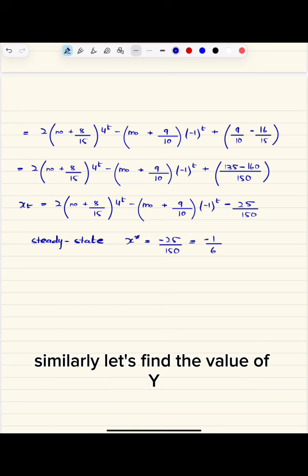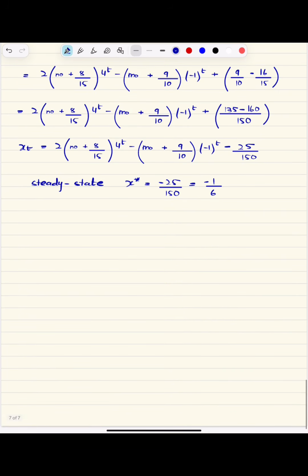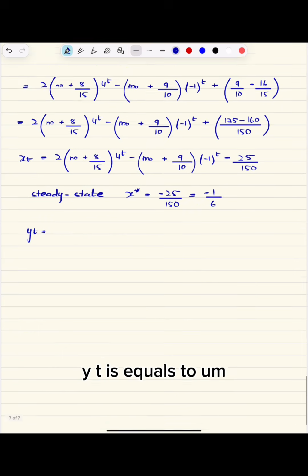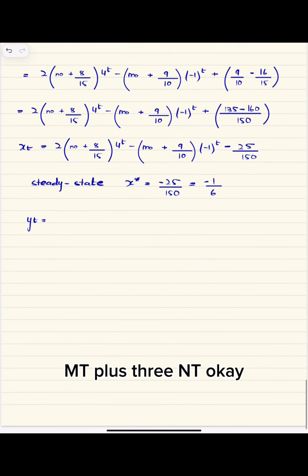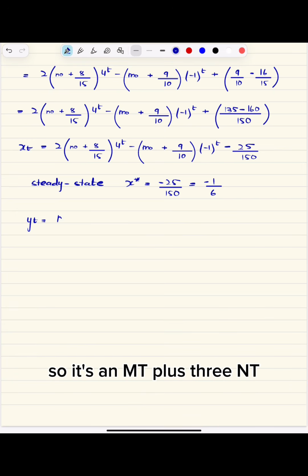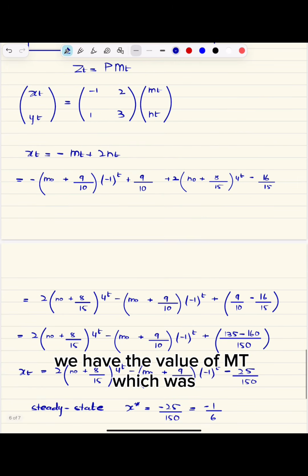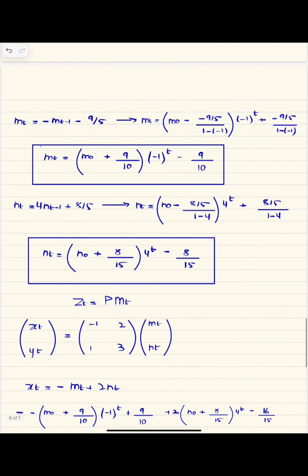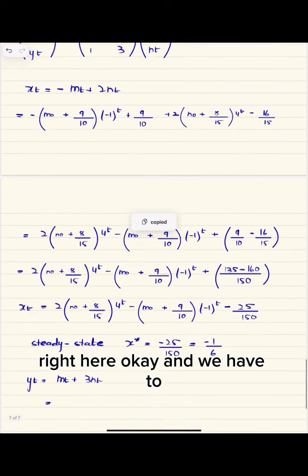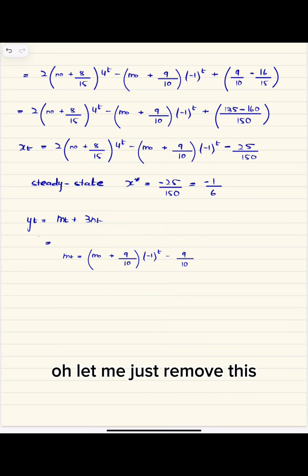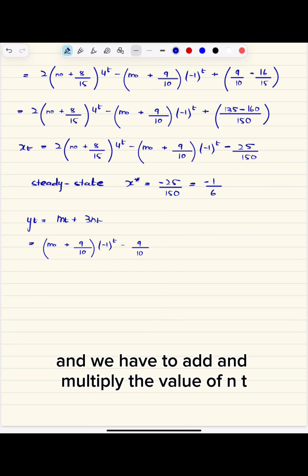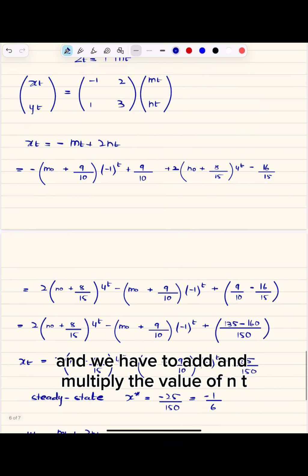Okay. Similarly, let's find the value of y. Yt is equal to mt plus 3nt. We have the value of mt, which was right here. Okay, and we have to, oh, let me just remove this. And we have to add and multiply the value of nt.